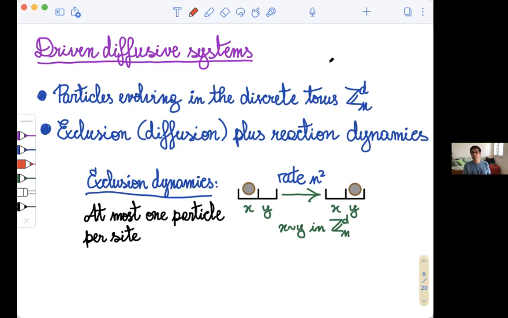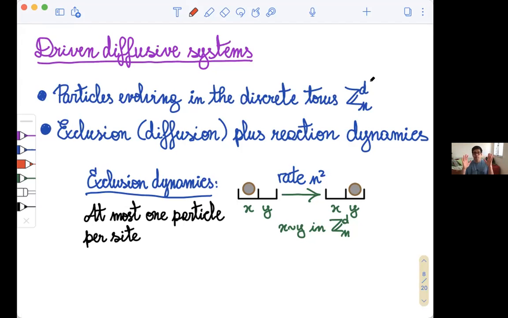That's the case as well with the SEIR model. So it's a mean field model, but there is another driven diffusive system, which has this translation invariance, but in which the spatial structure is still present. And that's the one that I'm going to present, and it's called the reaction diffusion model. Okay, so particles evolve in the discrete torus Z^d modulo N. So what is this?